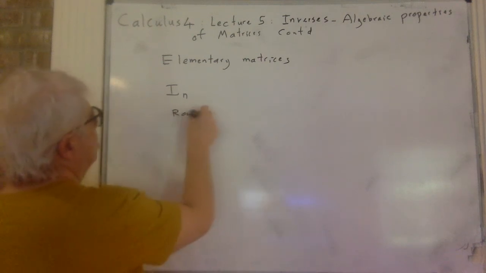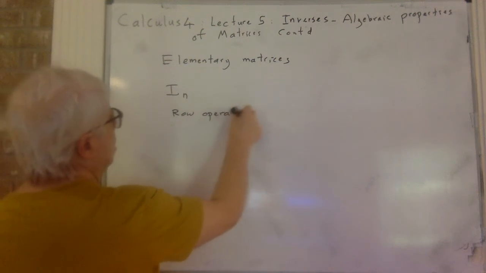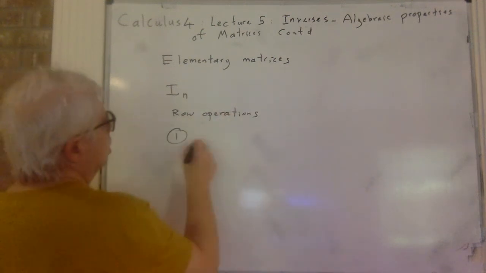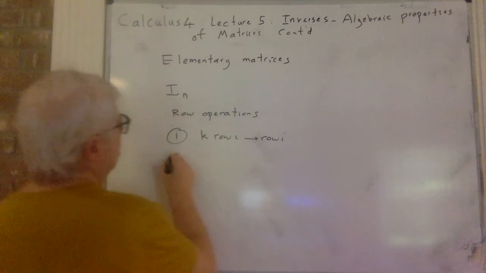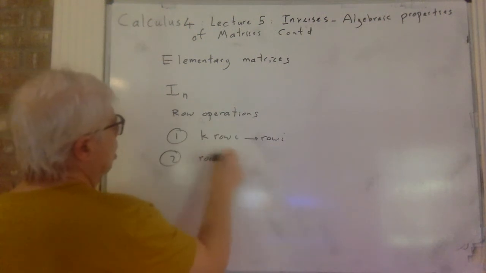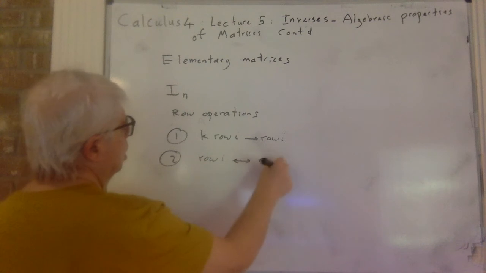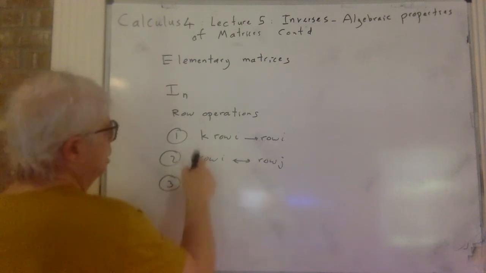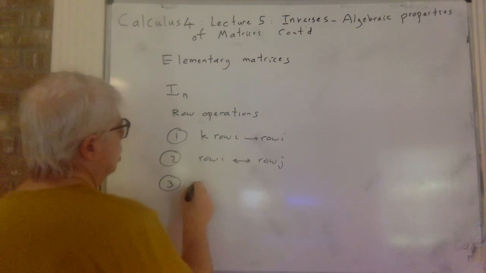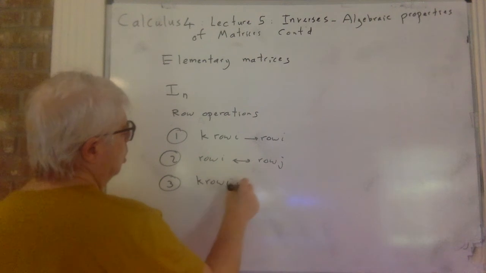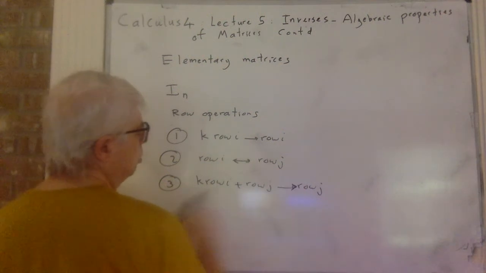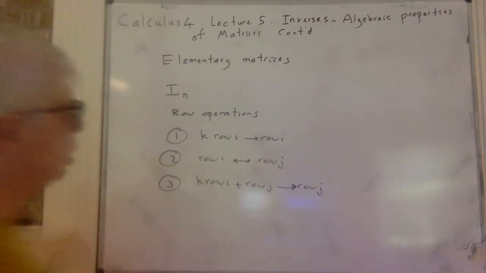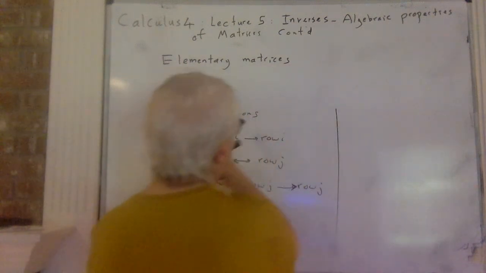Row operations, remember: 1 was k times row i goes to row i again, 2 was row i interchange with row j, and 3 was, again I used the capital R, that's okay, k times row i plus row j goes to row j, not row i, but row j. So let's see what happens if I apply this first one to I_n.